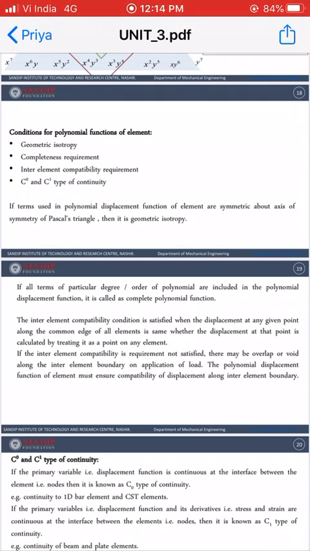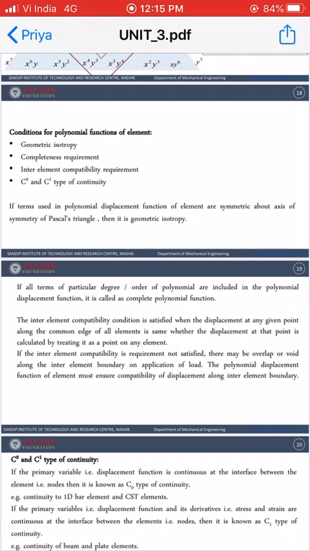Now how are we going to satisfy this constant strain rate condition? Let us consider a quadratic two-dimensional polynomial shape function, in which the displacement function u is equal to a1 plus a2x plus a3y plus a4x square and so on.